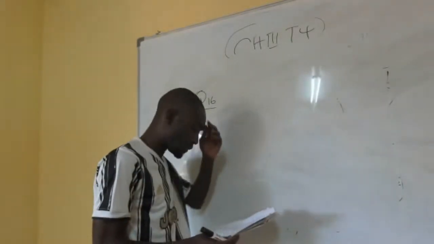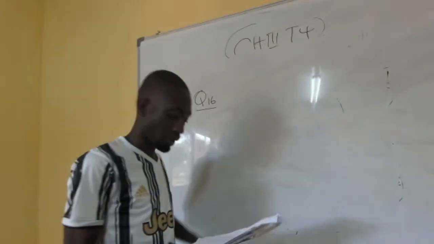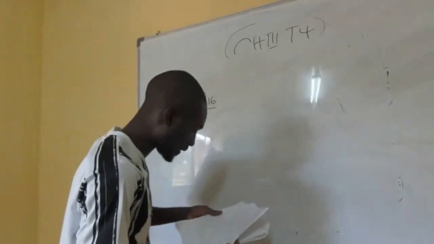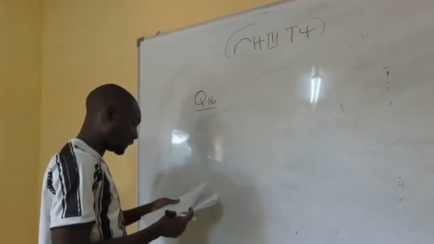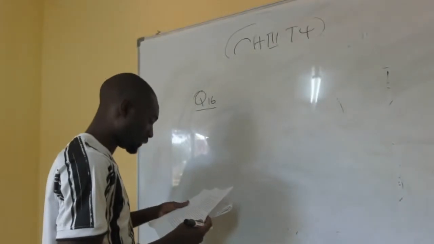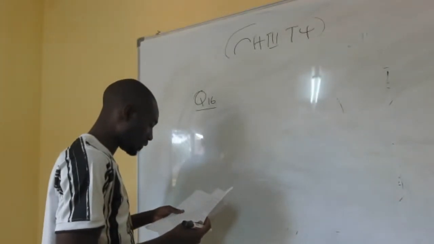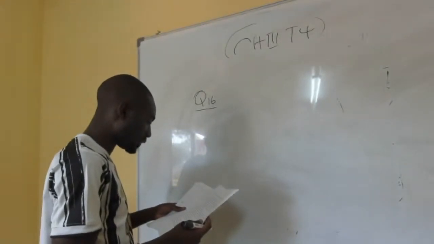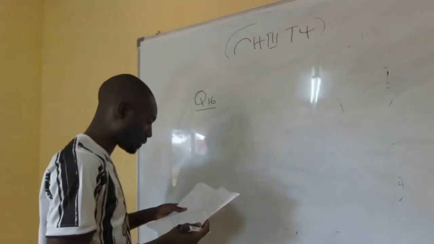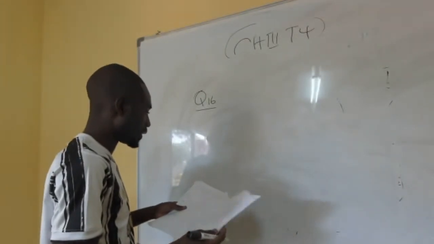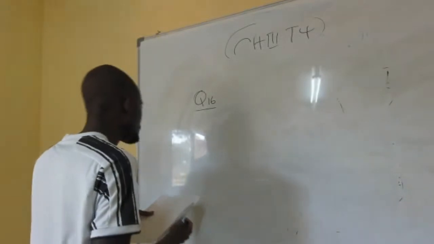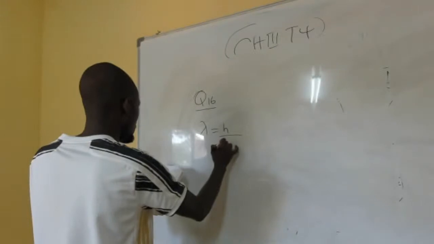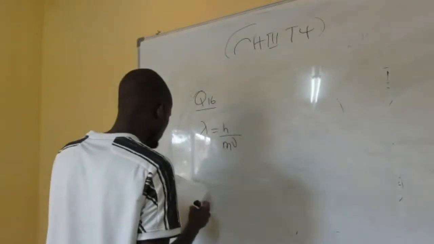An electron moves with a velocity of 2.5 times 10 to the power 8 centimeter per second. What is the wavelength? The mass of an electron is 9.109 times 10 to the power negative 28 grams. So there's this formula, which is h over mv.